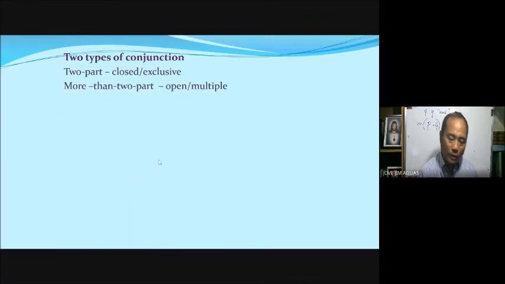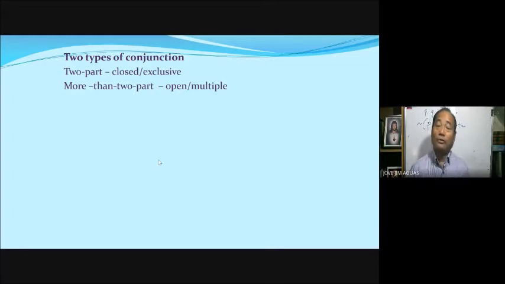Remember that there are two kinds of conjunctive that we have discussed. The two-part conjunctive, meaning they are exclusive, and the more than two-part, or the multiple. So what is the two-part conjunctive? You say, well, a parent cannot be both mother and father at the same time. So there are only two kinds of parents, father and mother.